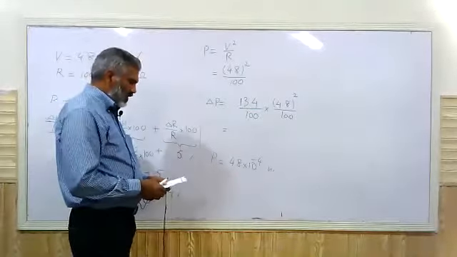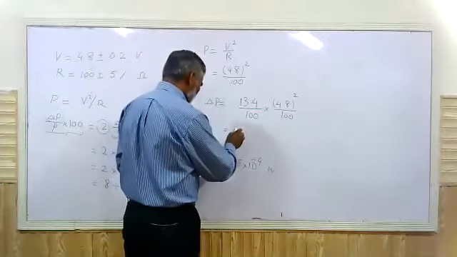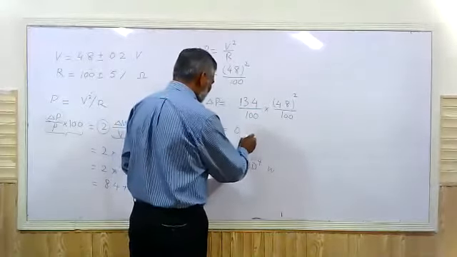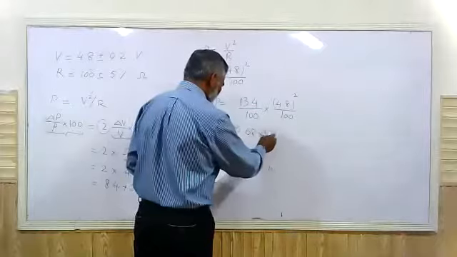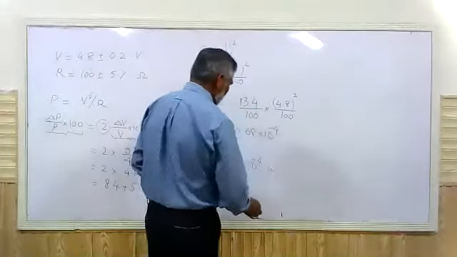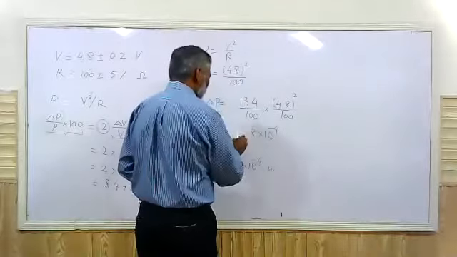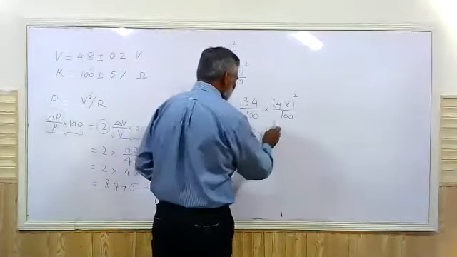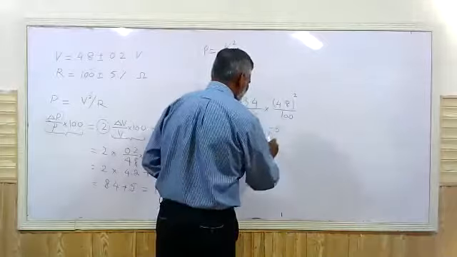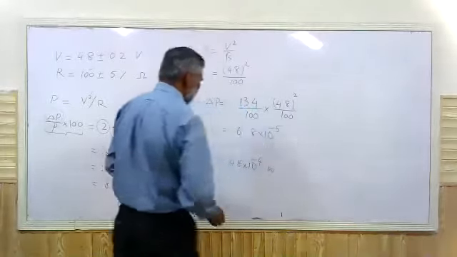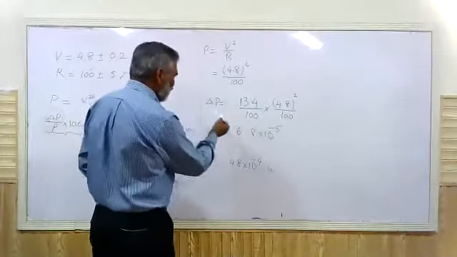Delta P is something like 0.68 into 10 raised power minus 4, which was a step before. It was 6.8 into 10 raised power minus 5. The value of power is this and delta P is this.